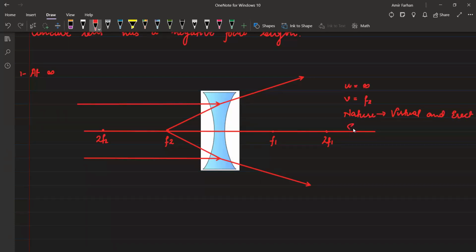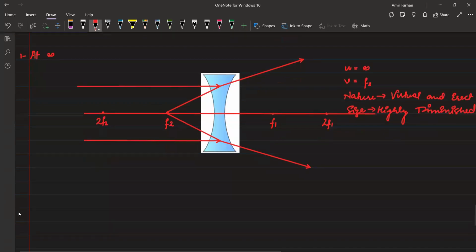And size would be highly diminished. Is this clear, all of you? Please let me know once. Yes, sir.